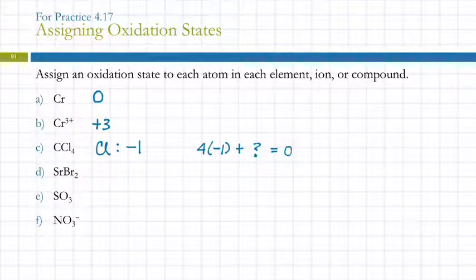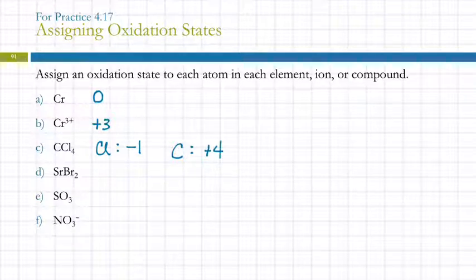So what's the question mark? It's got to be +4. So the oxidation state for the chlorine is -1, it's not -4. Each of them is -1. The carbon is +4. Any questions?